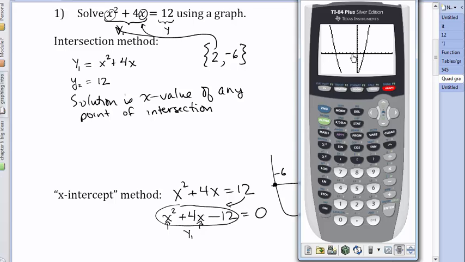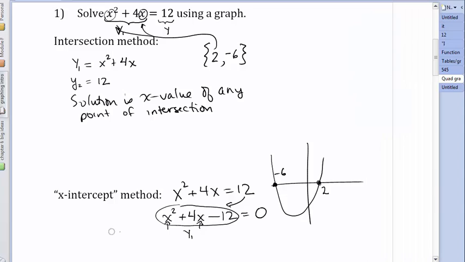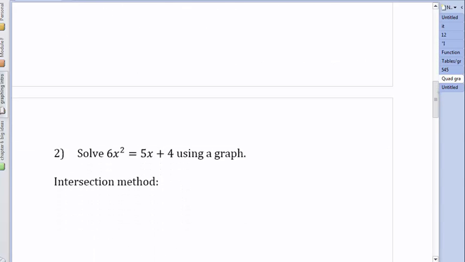Let me count here, negative 1, 2, 3, 4, 5, 6. Yes. So you'll notice that when I use the x-intercept method, I get the exact same solutions that I got up here using intersections. It's just a different graph and a different way of seeing the answer, but the solutions are the same. Okay, let's take a look at one more example.